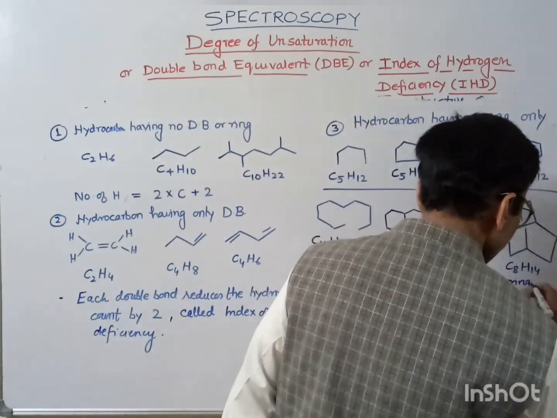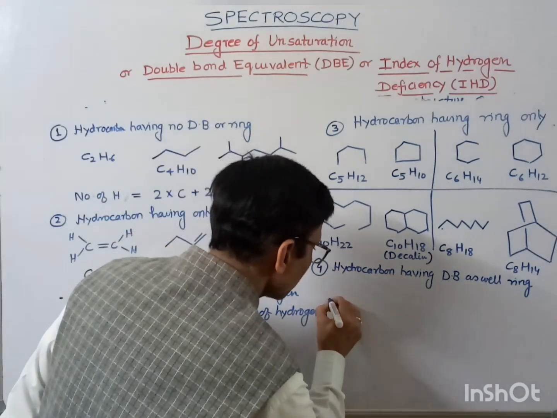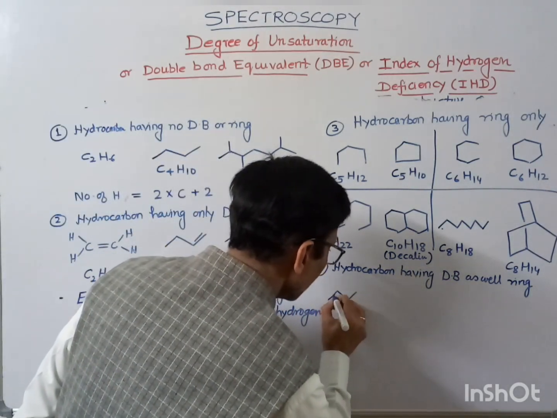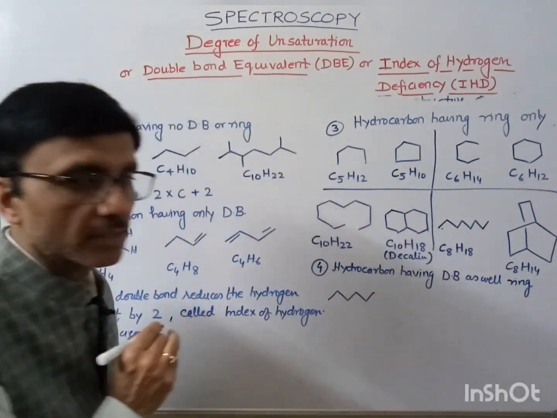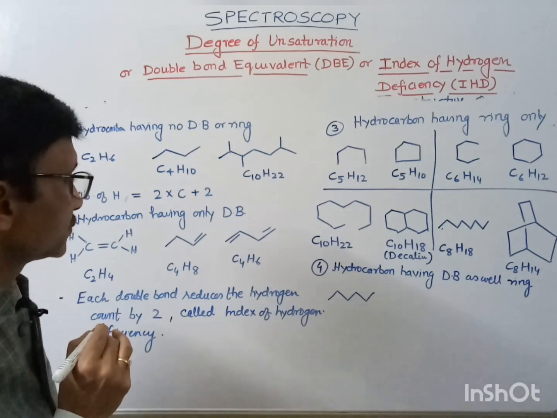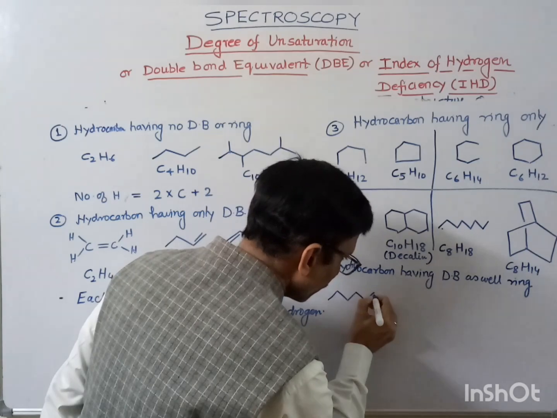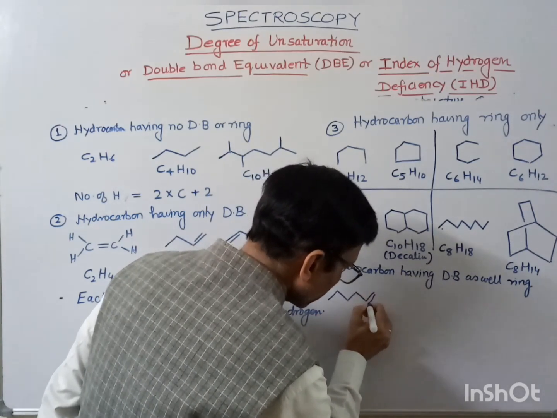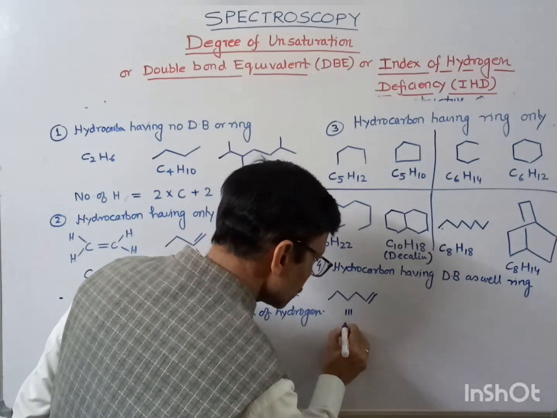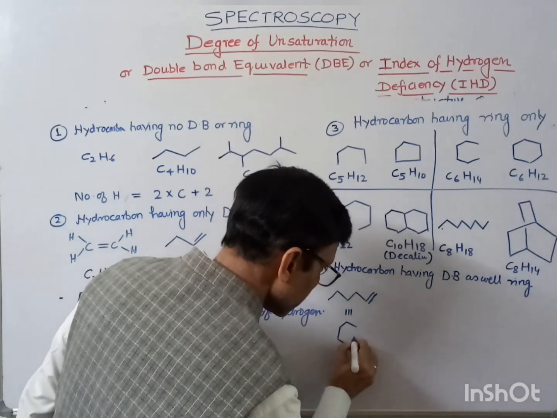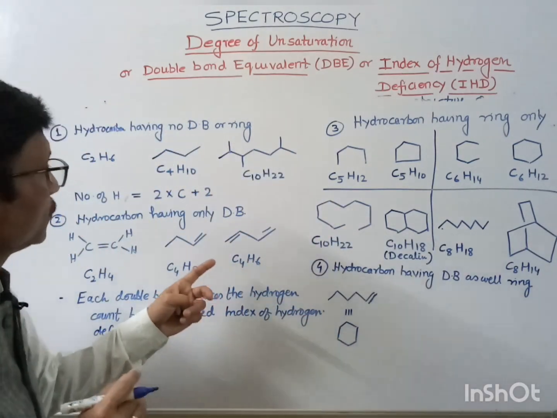Now let's see this one. Suppose I have 1, 2, 3, 4, 5, 6. So this is the structure of hexane. And now suppose I put one double bond over here. Then this corresponds to this structure.